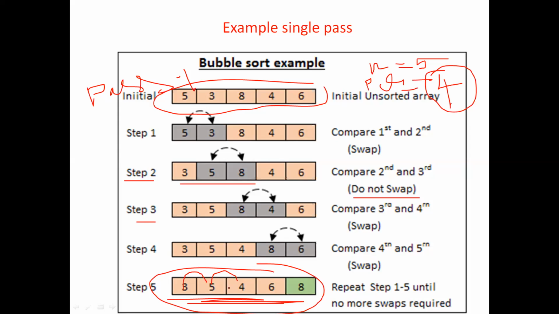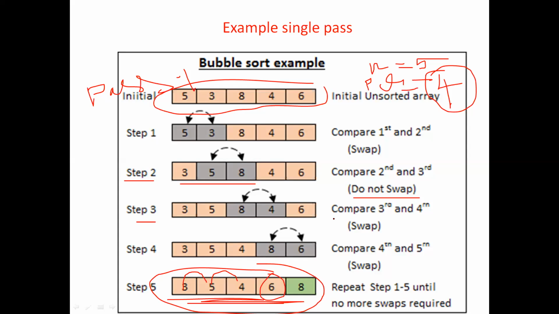In this way, at the completion of pass 2, the largest element from here, which is 6, automatically comes to the second highest index. So from pass 2, the second highest element will be placed in the second highest index.